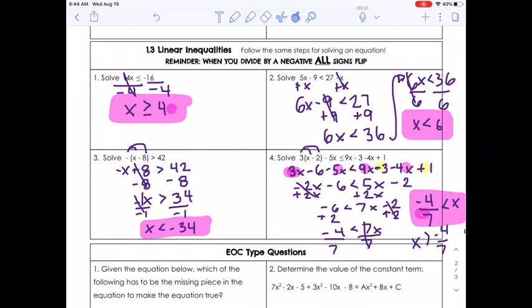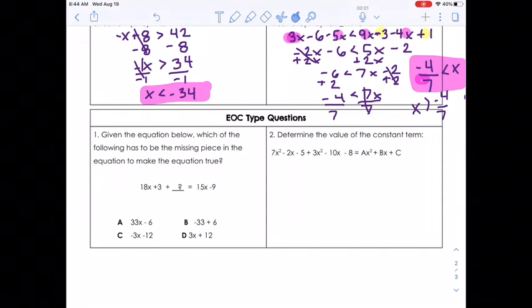All right, 2 more. All right, so these are some EOC type questions that you may see. Given the equation below, which of the following has to be the missing piece of the equation to make the equation true? So we are trying to figure out what goes in this blank so that the statement is true.